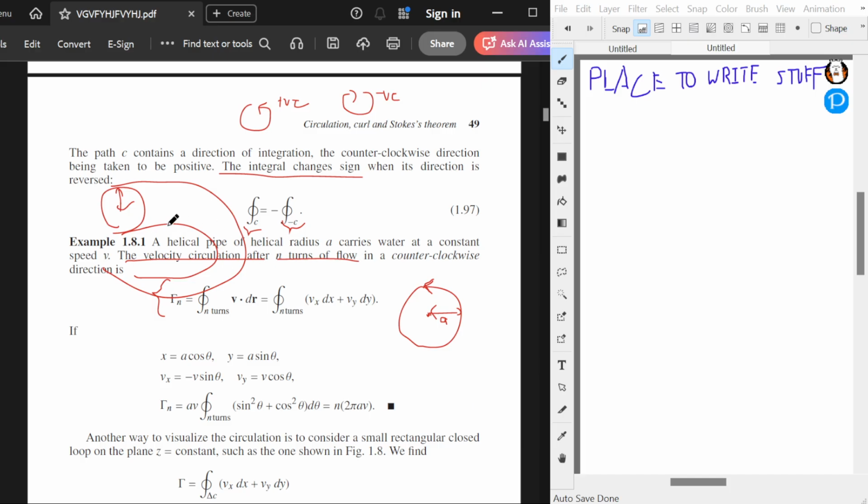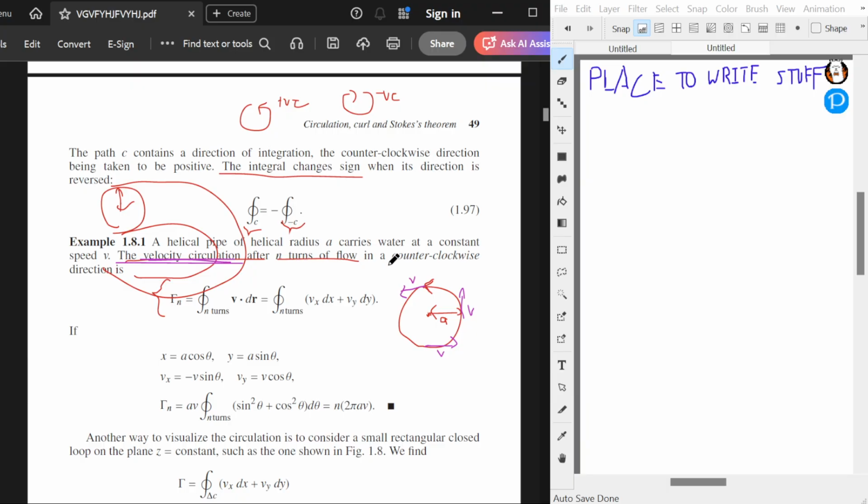A helical pipe of helical radius A carries water at a constant speed v. So it is v here, it is v here, it is v here. The velocity circulation. So there are different types of circulation.